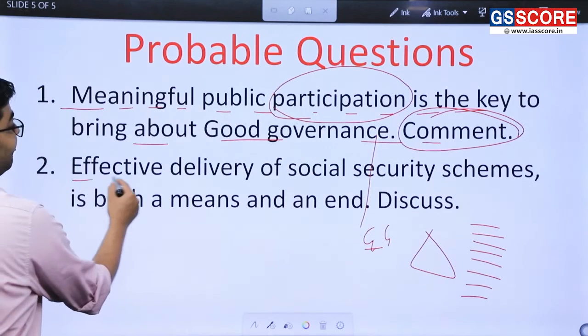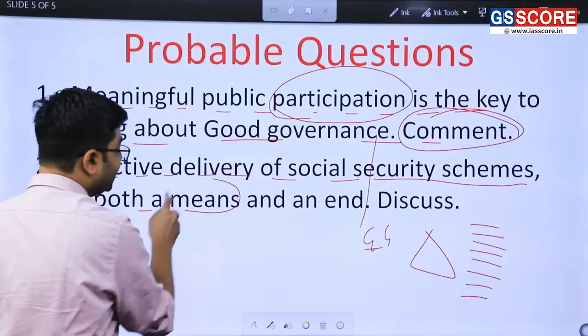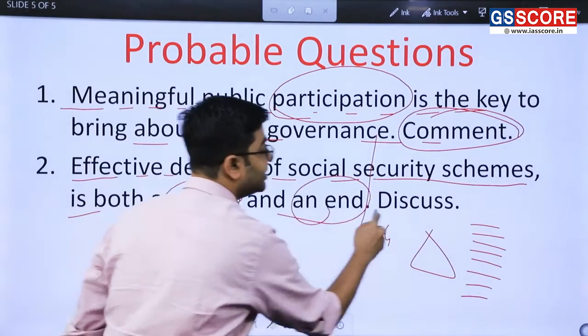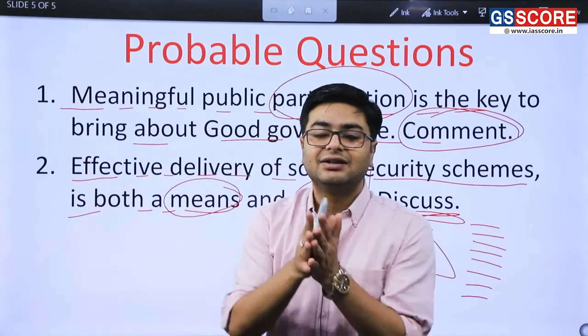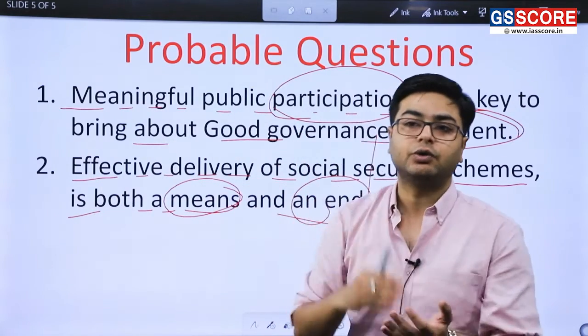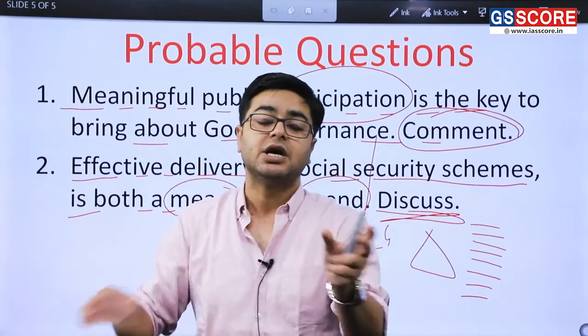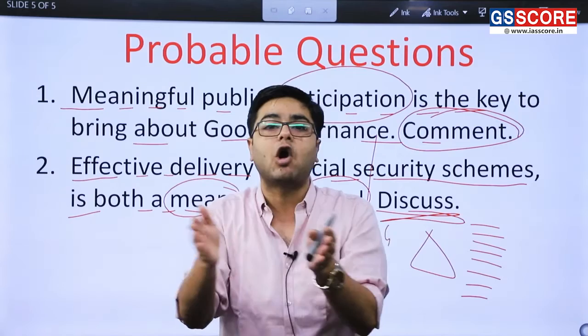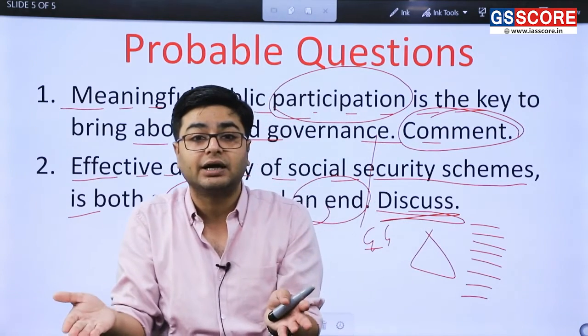Second one, effective delivery of social security schemes is both a means and an end. Discuss. These questions are a bit abstract. These questions provoke you to think, and if you are not able to trace them back to the concepts, you will be in a state of fog where you will not be able to decide what to write or what not to write.